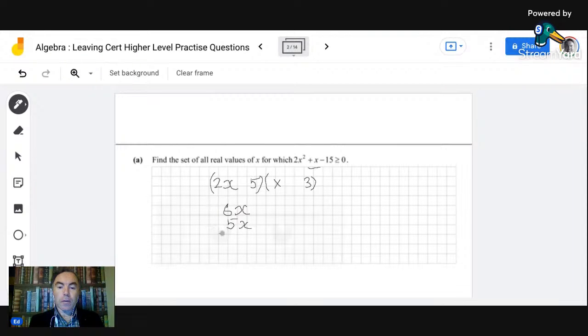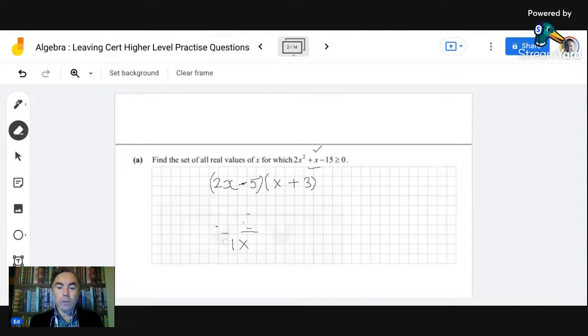So we can put a plus 6 and a minus 5 to give us a result of plus 1. So we have the result of the cross multipliers. That negative 5 will go here and the positive 3 will go over here, which creates the plus 6.